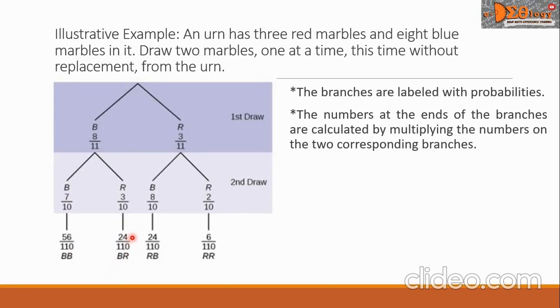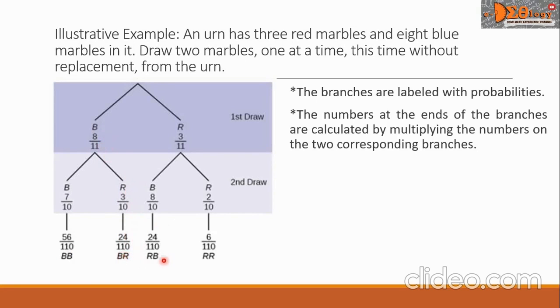Also, this 24 over 110 is the product of this 3 over 10 and 8 over 11. So that is 8 times 3 is 24, and 11 times 10 is 110.